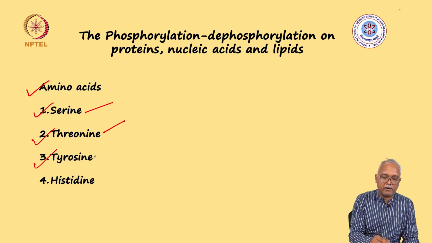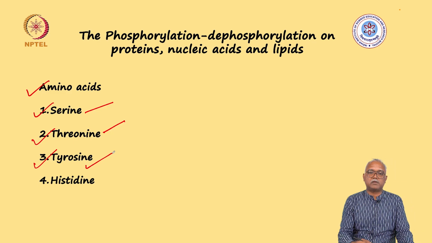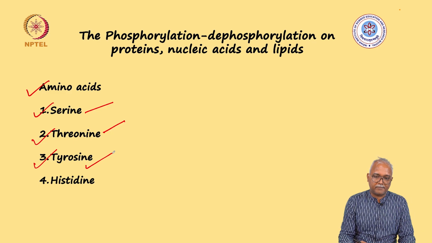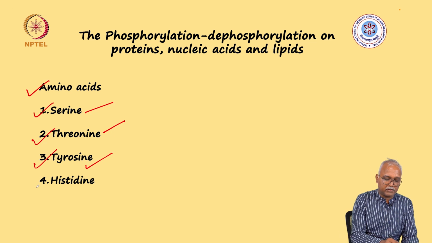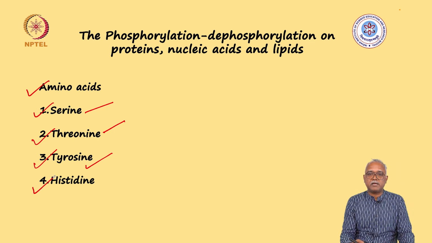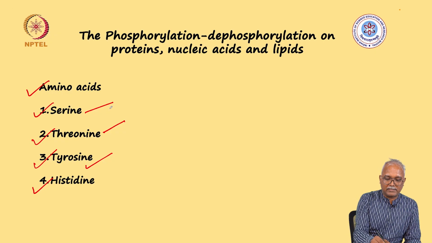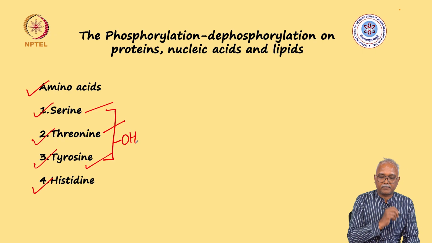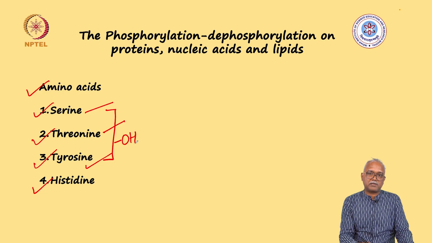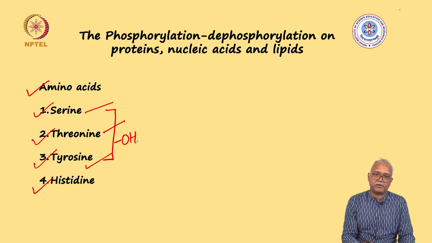Then in different organisms, you will see a good amount of tyrosine getting phosphorylated. In some situations even histidine is phosphorylated, and what is common between these residues is the hydroxyl group. That hydroxyl group is utilized for attachment of the phosphate residue.